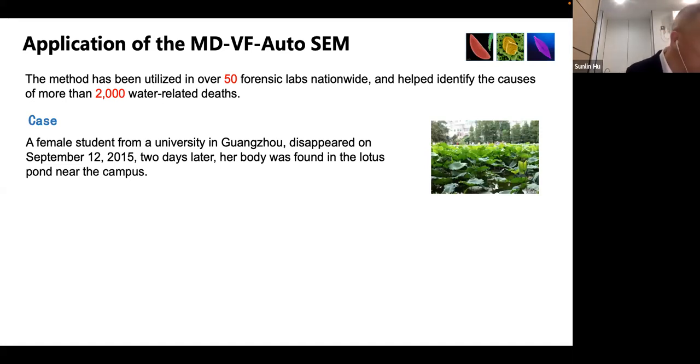A female student from a university in Guangzhou disappeared on September 12, 2015. Two days later, the body was found in a lotus pond near the campus. Investigations indicated this was a homicide.